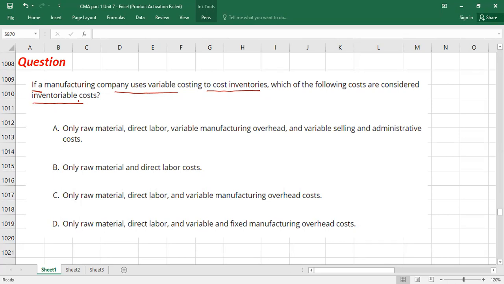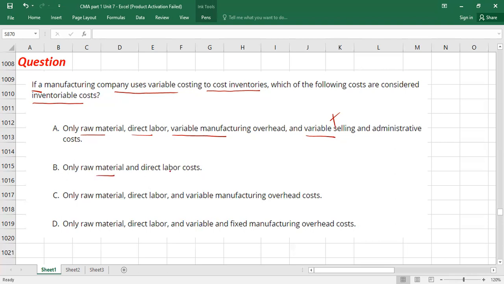Do you remember inventoriable? Direct material, direct labor, and variable overhead. That's it. So number one, only raw material, direct labor, variable manufacturing overhead, and variable selling, not variable selling. This is incorrect. It's not inventoriable because inventoriable means a product cost. Be strict with that.